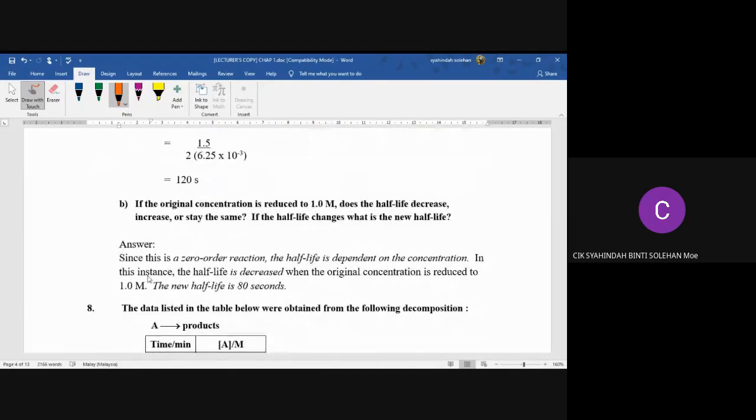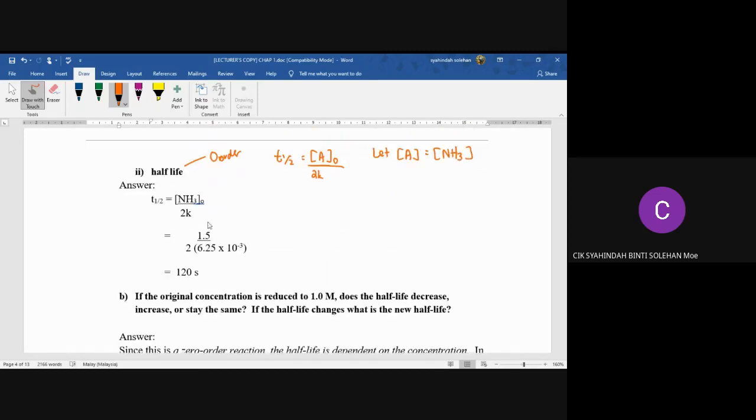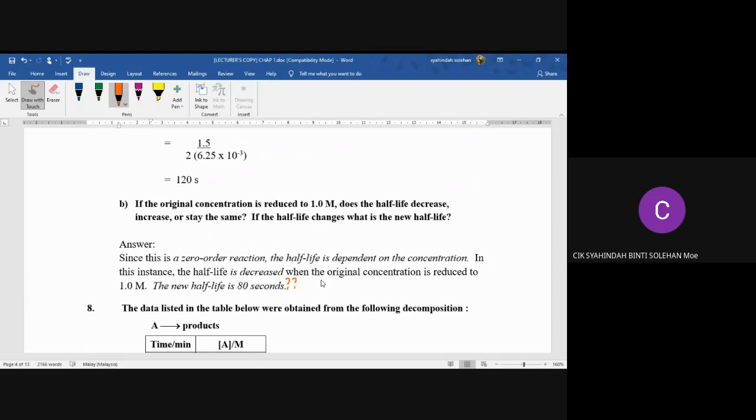So in this instance, the half-life will be decreased when the original concentration is reduced to 1.0 molar. So the new half-life will be 80 seconds. Macam mana you tahu 80 second ni? How do you get this? By calculate balik. T half kan equals to concentration of NH3 initial bahagikan dengan 2k. So you masukkan lah.